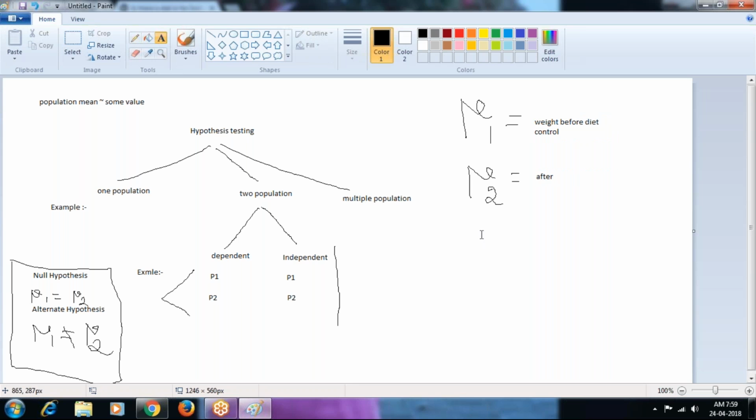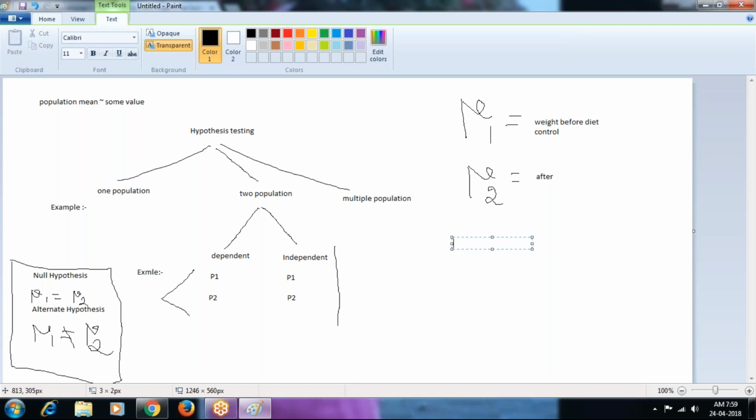Now, definitely mu1 and mu2 are population parameters. You will never be getting them. What you have to do is start getting samples. So for the same population, you will collect the sample before diet control.